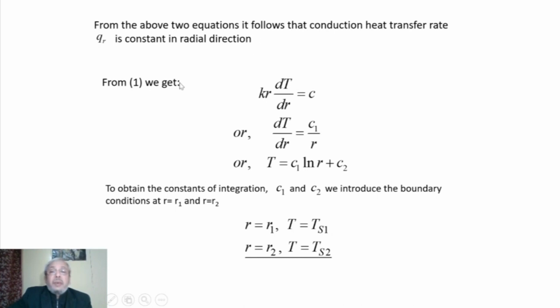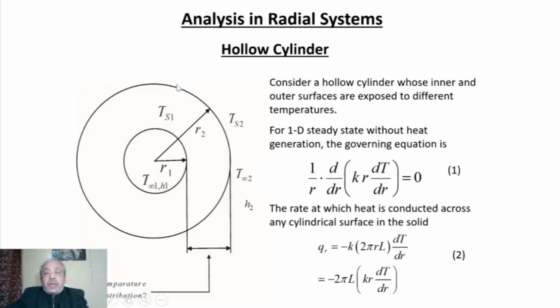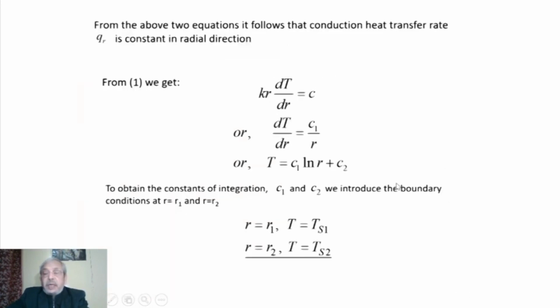Now from equation 1, again we can write k r dT/dr equal to C, constant. So dT/dr is C1 by r, and T will be C1 ln r plus C2.